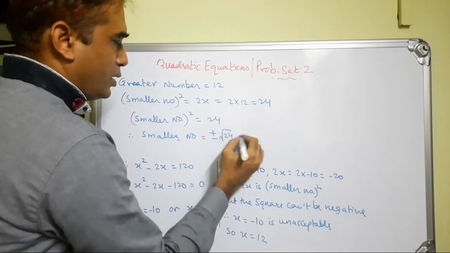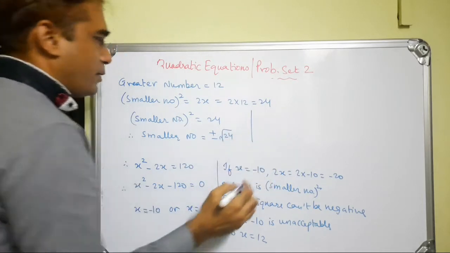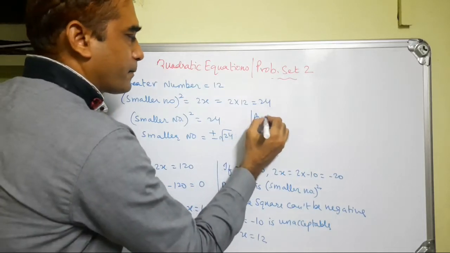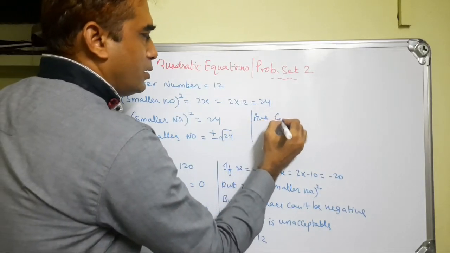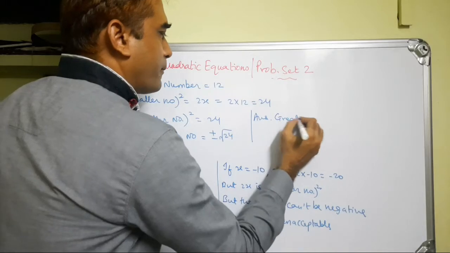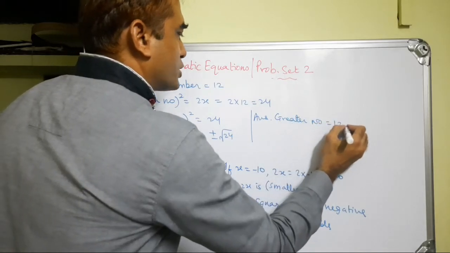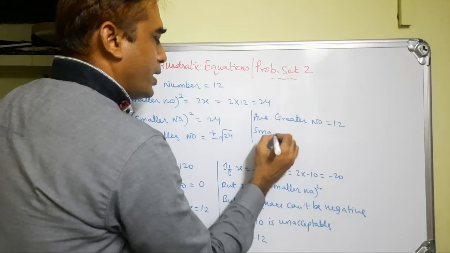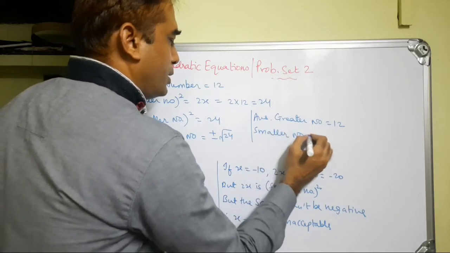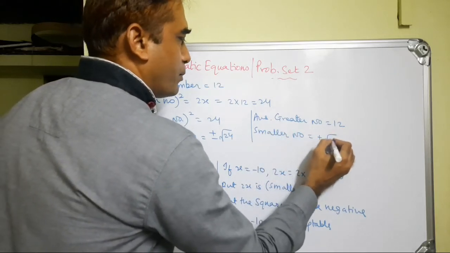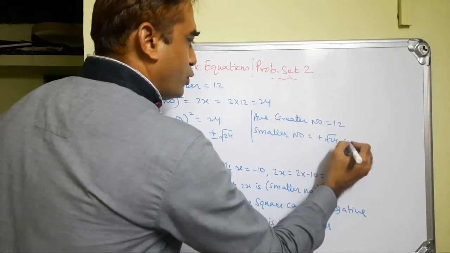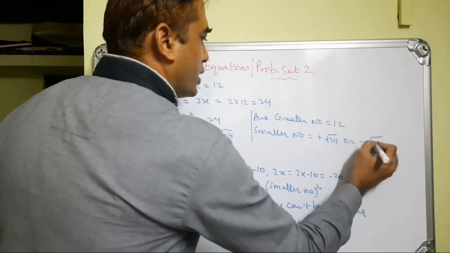Okay, so the answer is greater number equals 12 and smaller number equals positive root 24 or negative root 24.